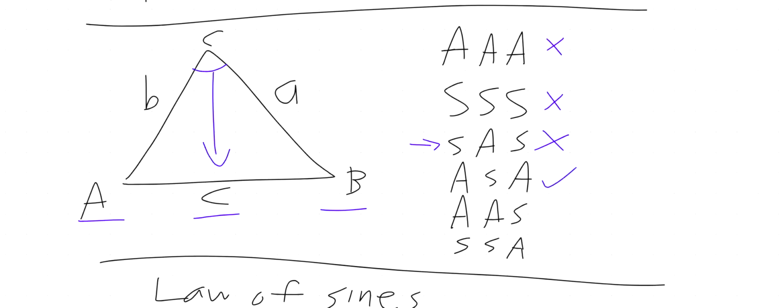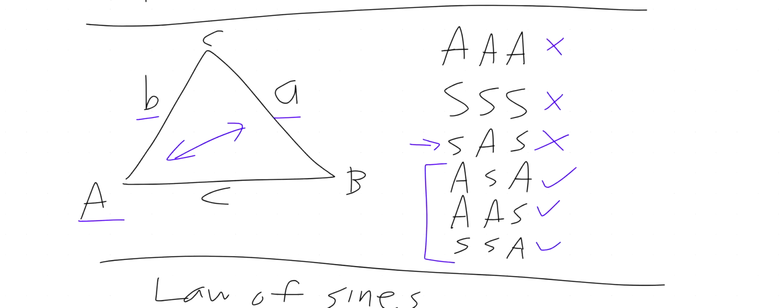Angle, angle, side: we have the matching pair of the A's, so that's good. And side, side, angle, we also have that matching pair. So these three are what we're going to look at. So let's go ahead and try a few of these examples.